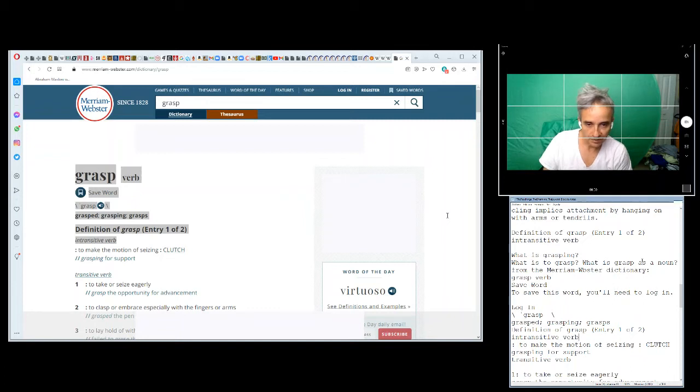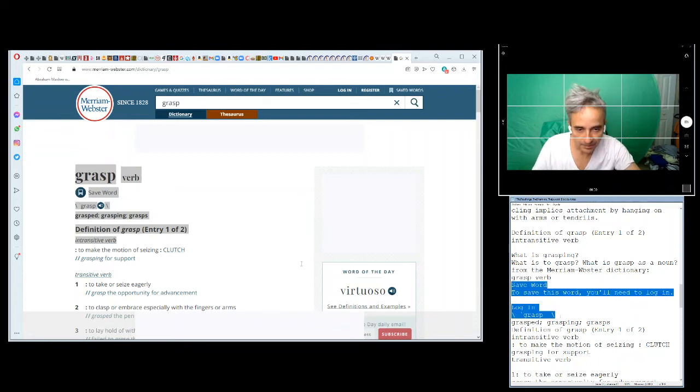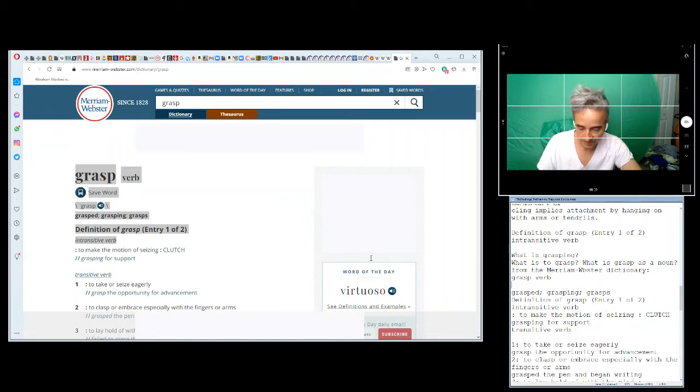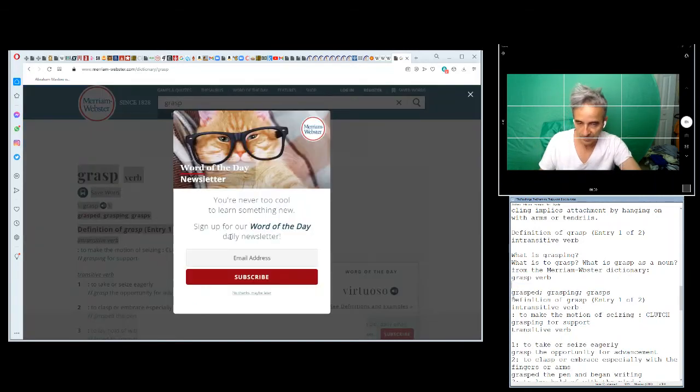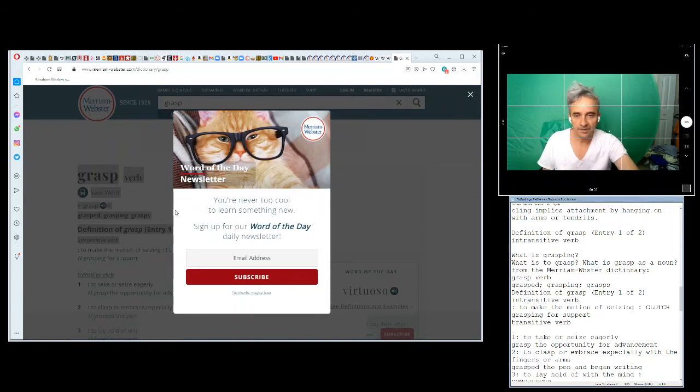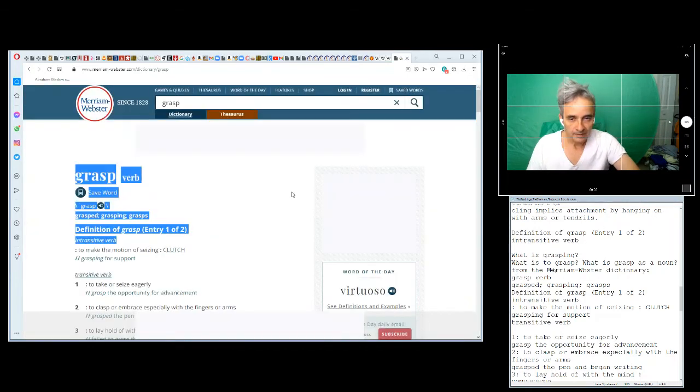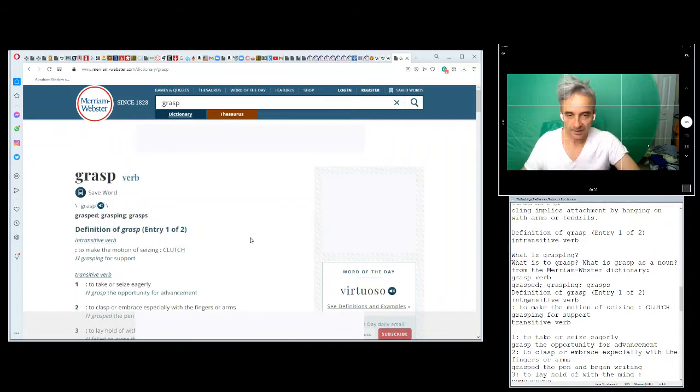But as a transitive verb, to take or seize eagerly, grasp the opportunity for advancement, to clasp, embrace, especially with the fingers or arms, grasp the pen and begin writing, to lay hold of it with mind, comprehend, fail to grasp the danger of the situation, grasp at straws, to reach for or try anything in desperation, grasp the nettle, to act boldly.